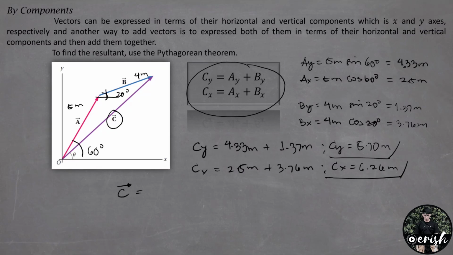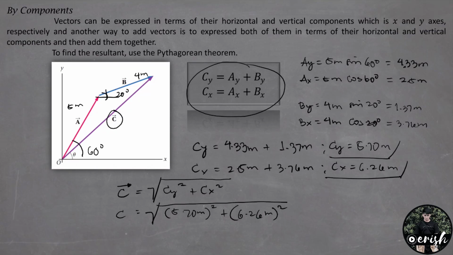C is equal to the square root of CY squared plus CX squared. Substituting the values, square root of CY natin is 5.7 meters quantity squared plus 6.26 meters quantity squared. And by calculating, ang value ng C natin is equal to 8.47 meters.